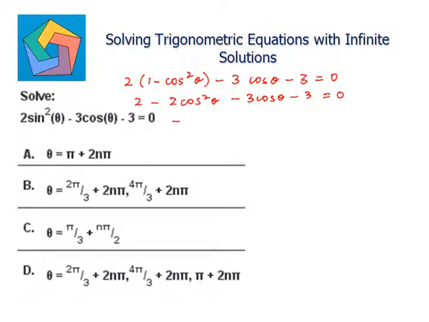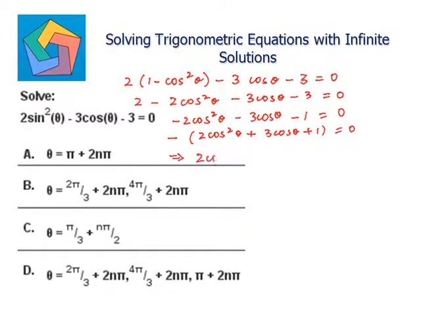We can say negative 2 cosine square theta minus 3 cosine theta, 2 minus 3 is minus 1, is 0. We can take the negative sign common: 2 cosine square theta plus 3 cosine theta plus 1 is 0.